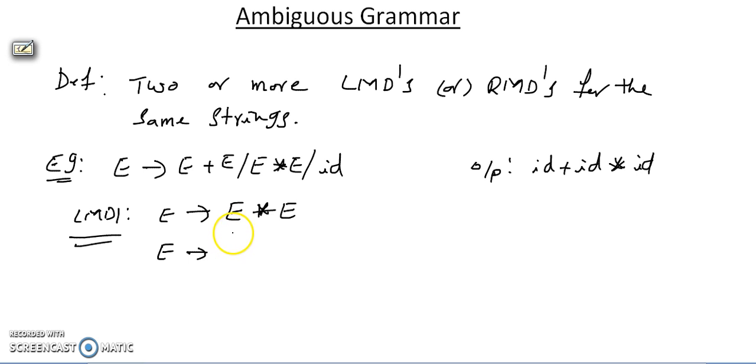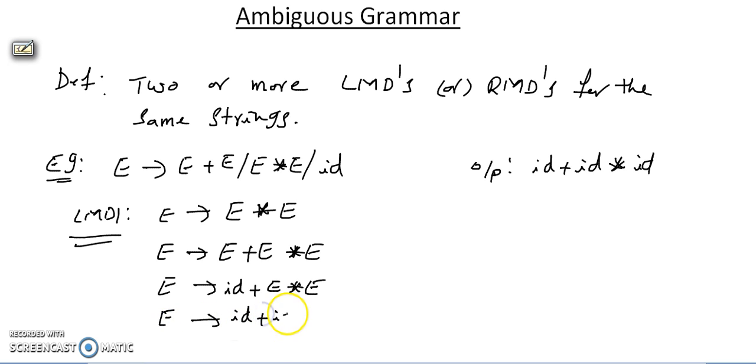So this E becomes E plus E star E. Capital E tends to, this is the leftmost, so ID plus E star E. Then E tends to ID plus ID. In the next step we can substitute this one with ID. So this is the required string for LMD 1.